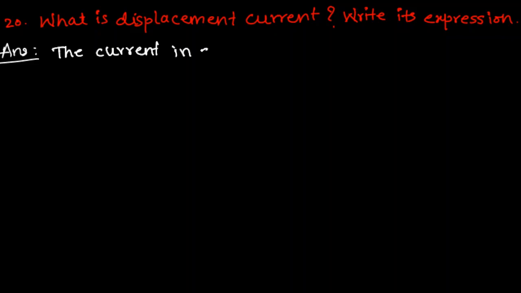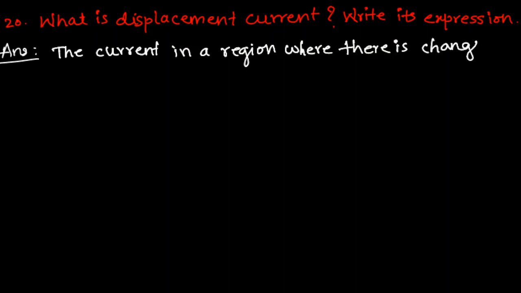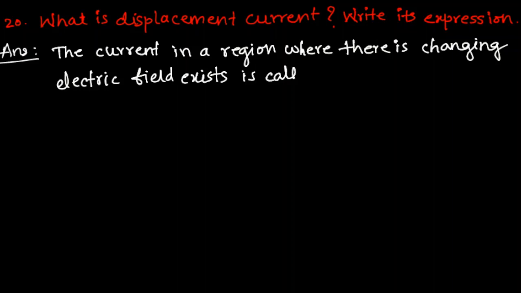The current in a region where there is changing electric field is called displacement current.